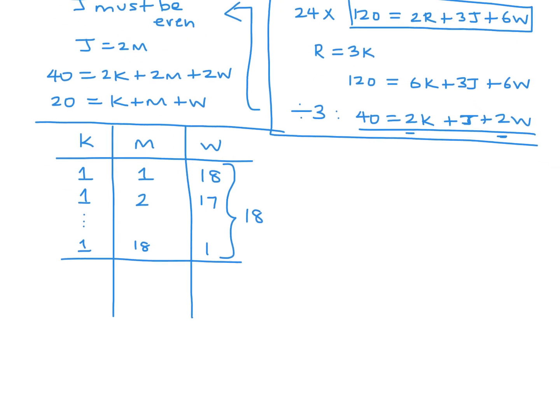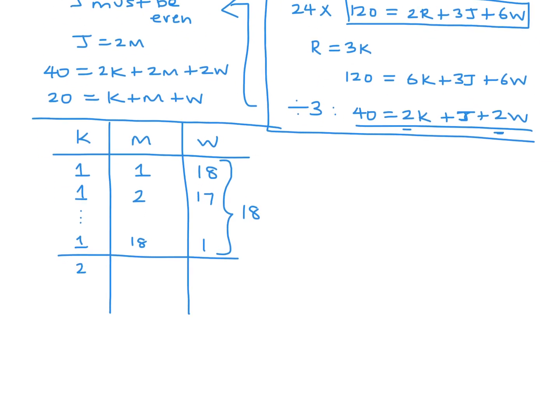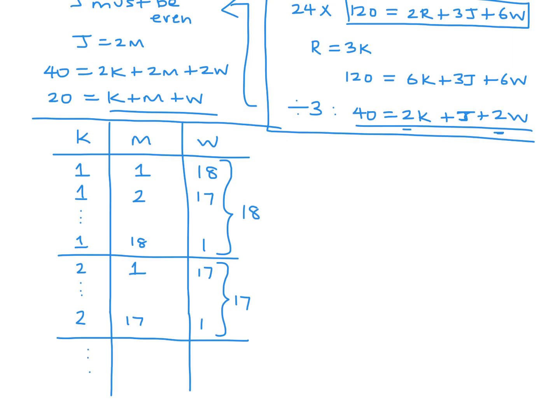When K is 2, let's see what we get. That means that M plus W this time would be 18, so we could get 1 and 17, correct? And then similarly, if you keep on going, keeping K as 2, you get 17 and 1 as the final solution, and that would give you 17 solutions. And you just keep on doing this.